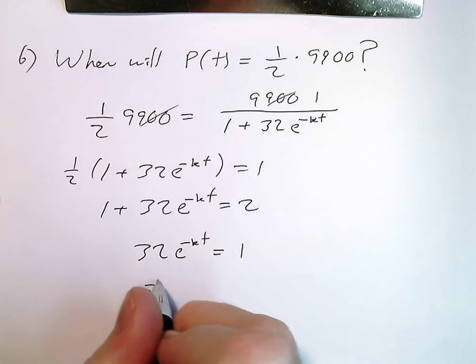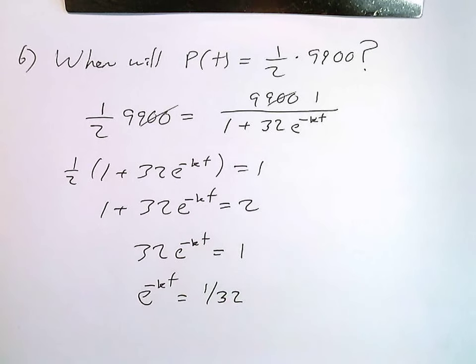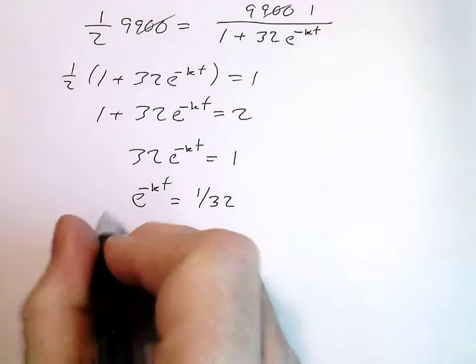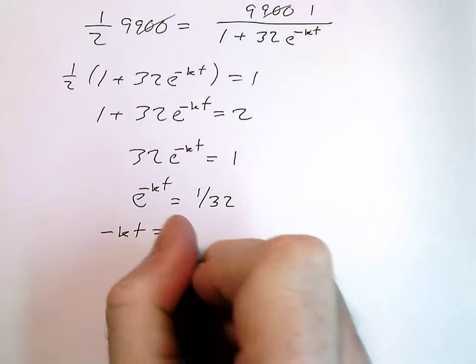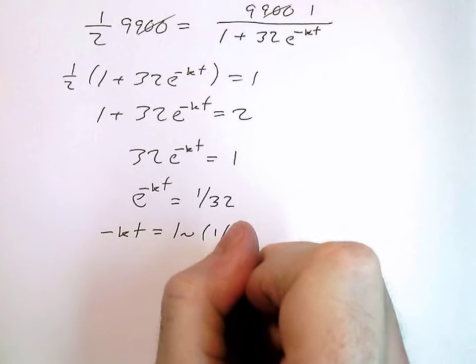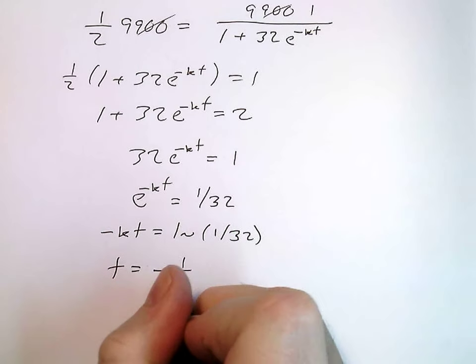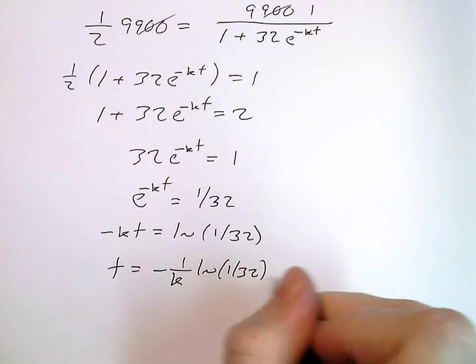So e to the minus kt is 1 over 32. And again, to get rid of the exponential, I take the natural log of both sides. Negative kt is going to be ln of 1 over 32.